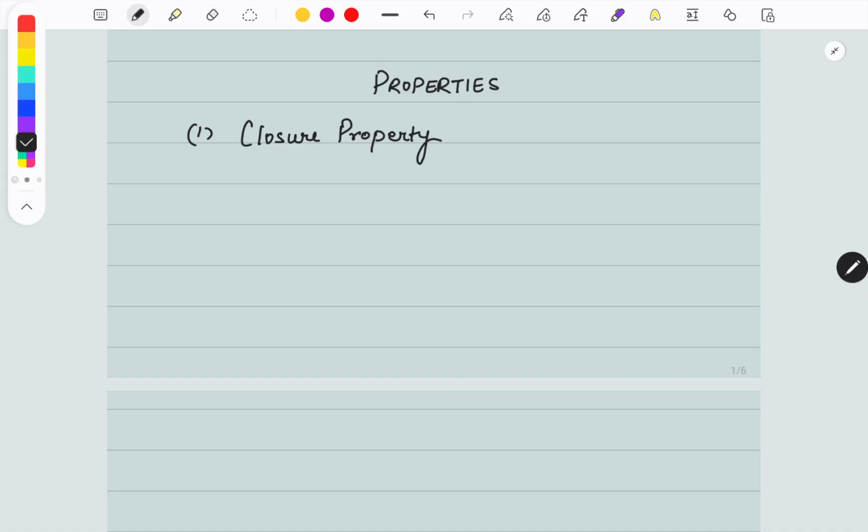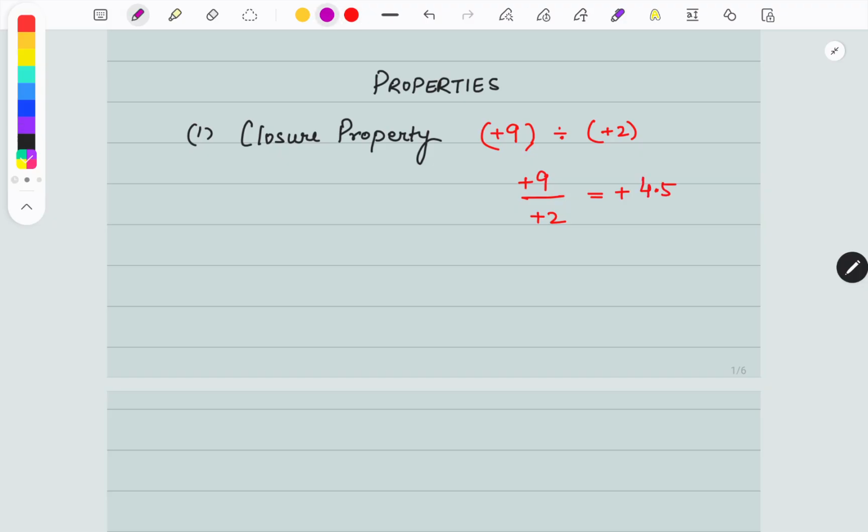Integers are not closed under division. Now this means that the answer may not be an integer. So let's check it out. Let's do this with an example. Let's take plus 9 divided by plus 2. It will give us answer plus 4.5.